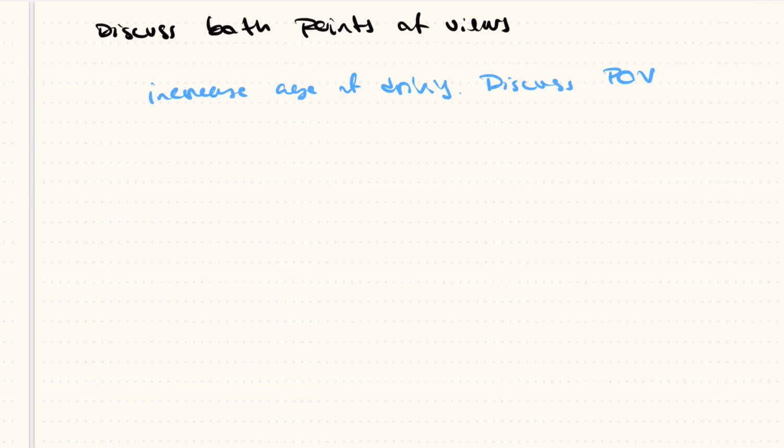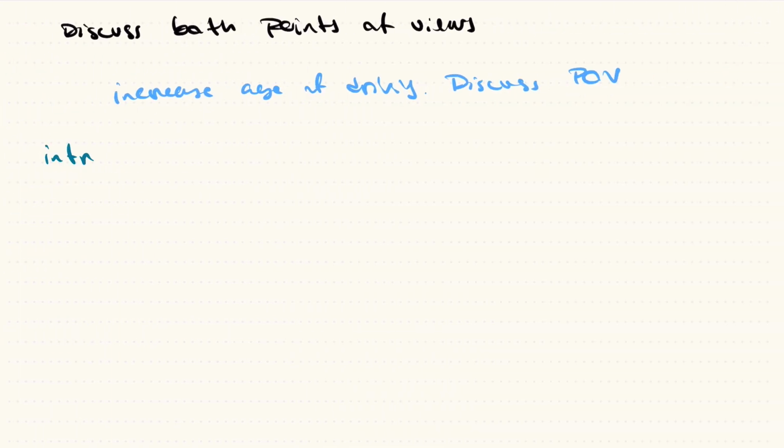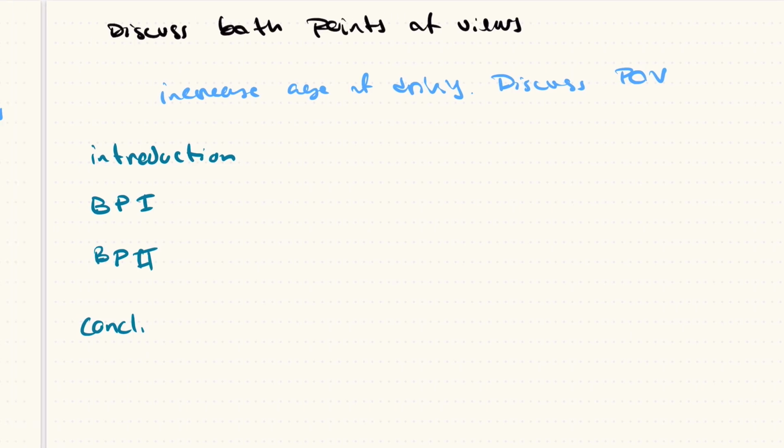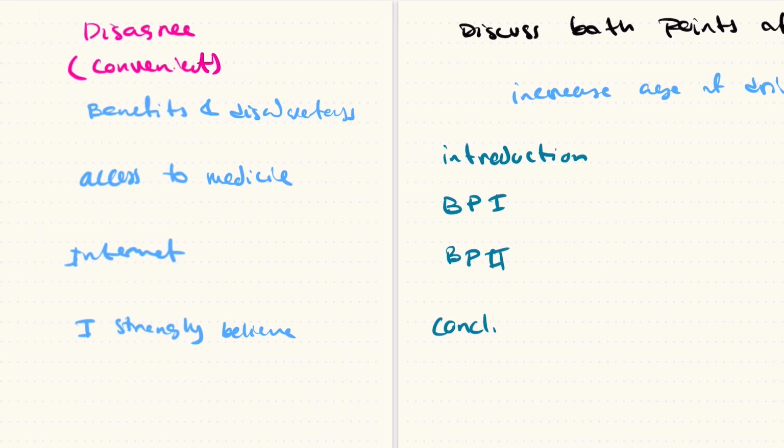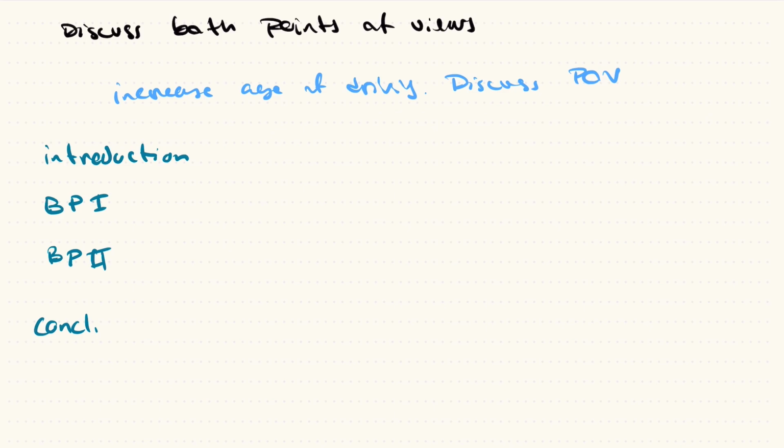Yeah, so you have an introduction, body paragraph 1, body paragraph 2, and then you have a conclusion. So the way that you structure these is very similar to the previous one, let's use the same colors.